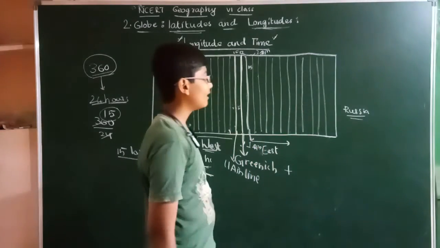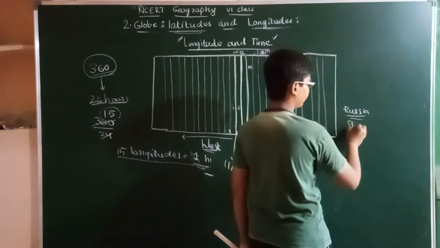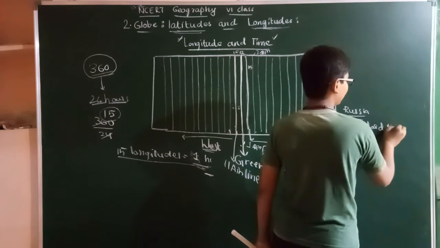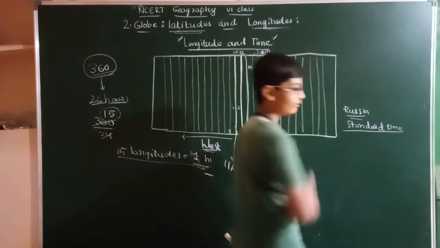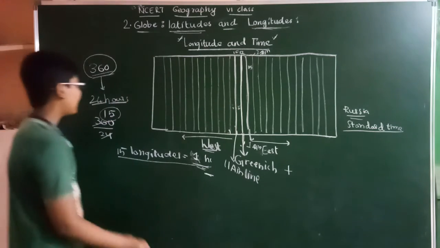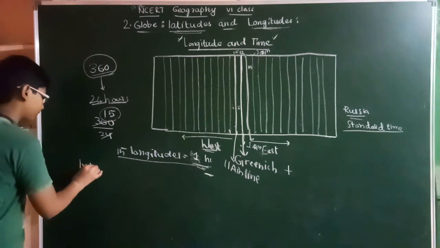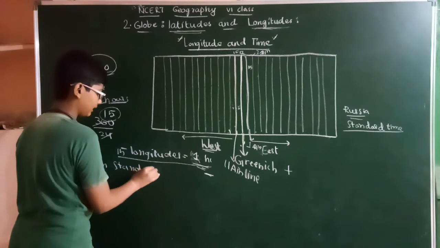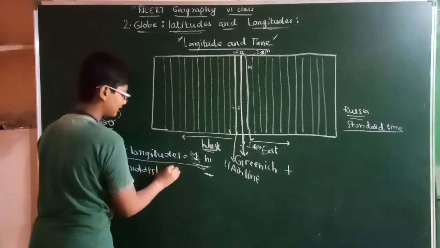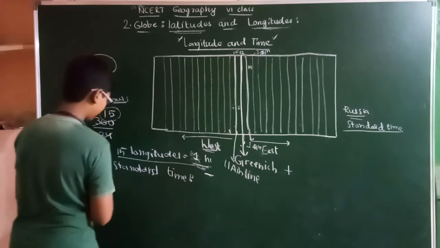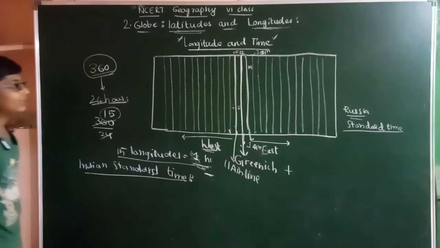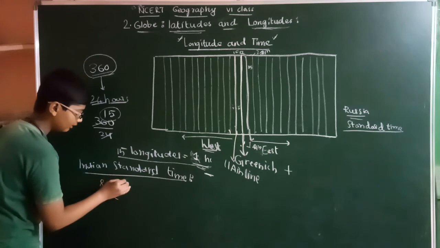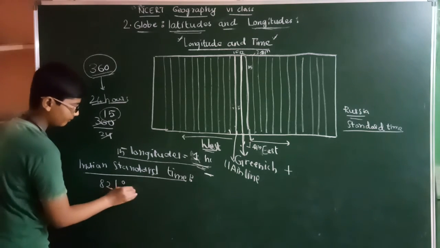There will be a standard time for each country. Indian standard time, which we call IST, is of 82.5 degrees east.